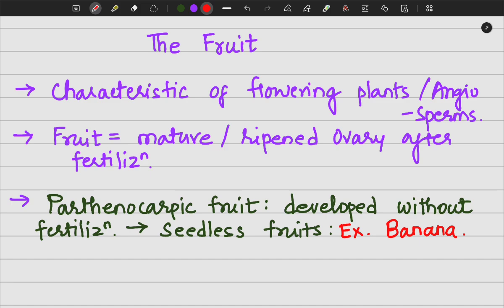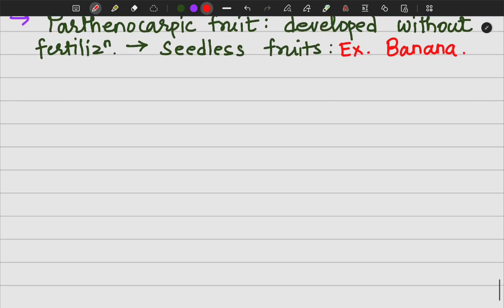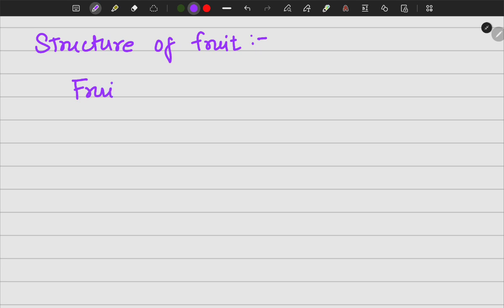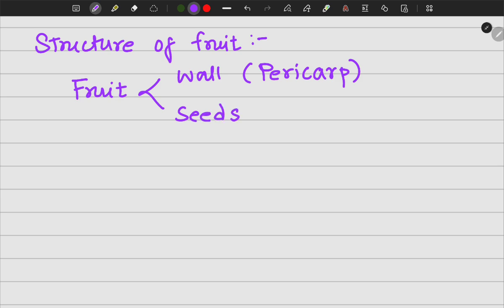Alright, so let us learn about the structure, or parts, of a fruit. A fruit basically has two parts: a fruit wall, which is called pericarp, and then the fruit may have seeds.